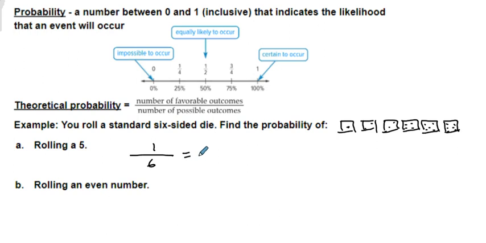So you have a 1 in 6 chance, or if you put that in the calculator, 1 divided by 6 is 0.167, or 0.16 repeating. We just say 0.17. That means about a 17% chance that you will roll a 5.